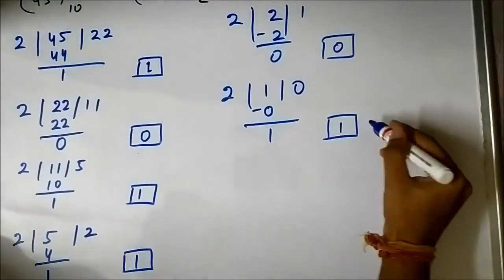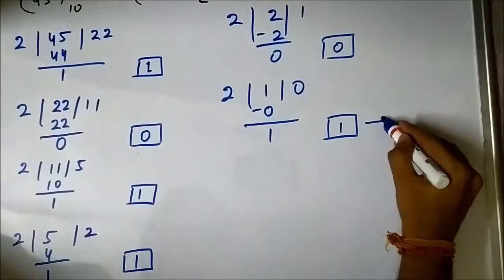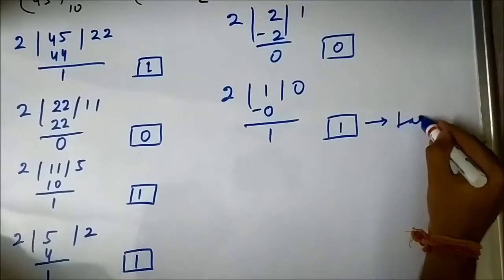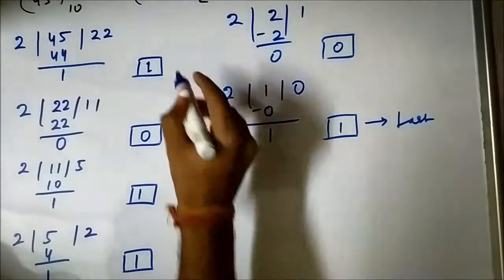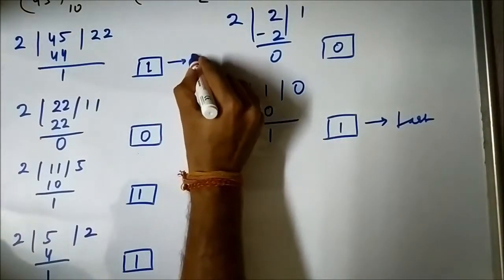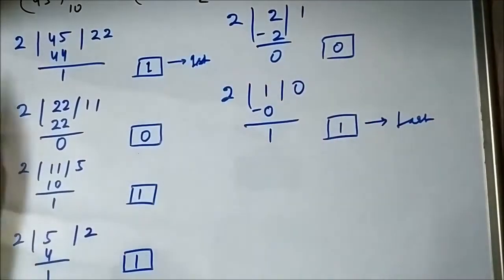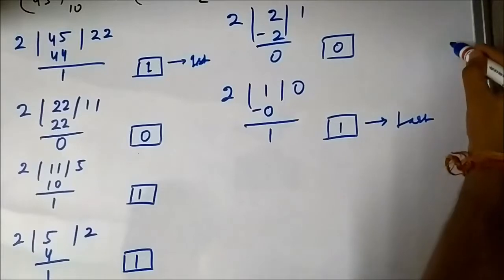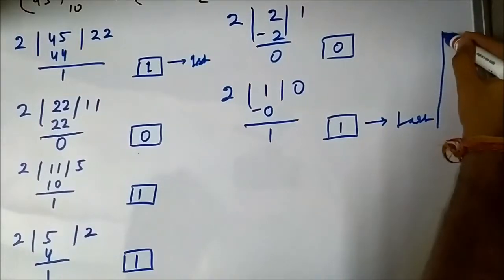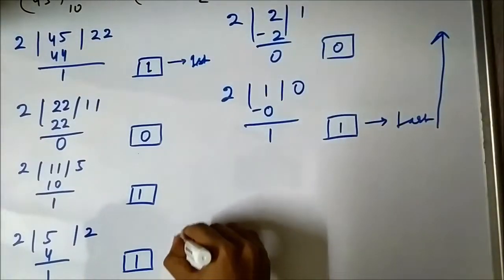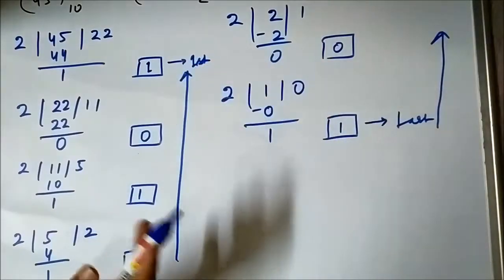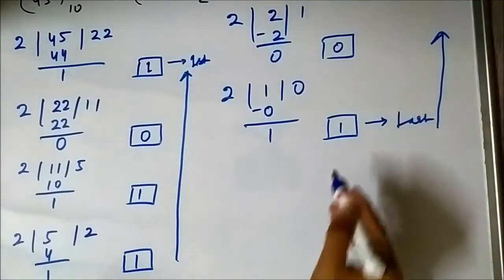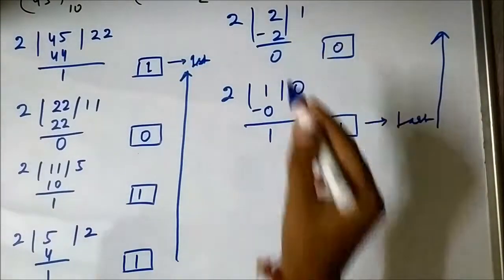Okay, so this is the remainder of the last division performed, division by 2. This is the remainder of the first division which is performed. So we have to proceed from the last up to the first, and we have to note the remainder bits, ones and zeros, in that order.